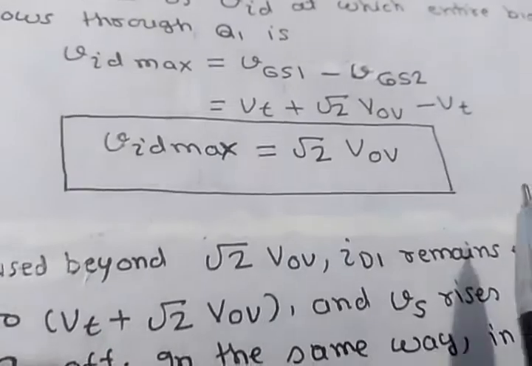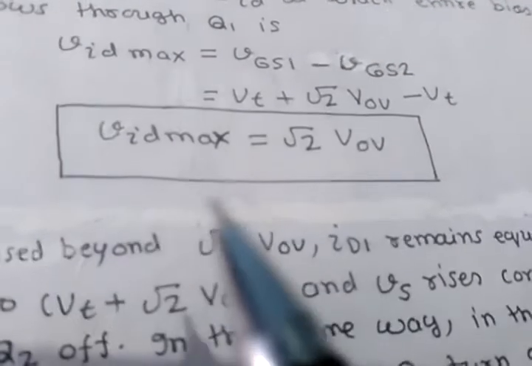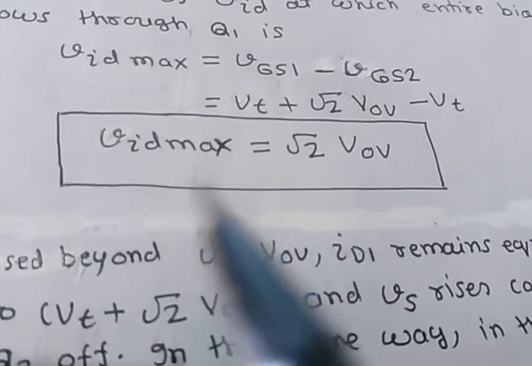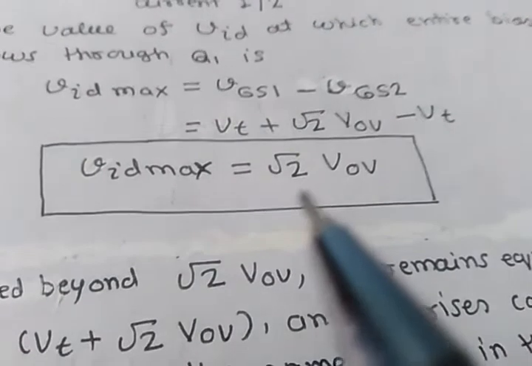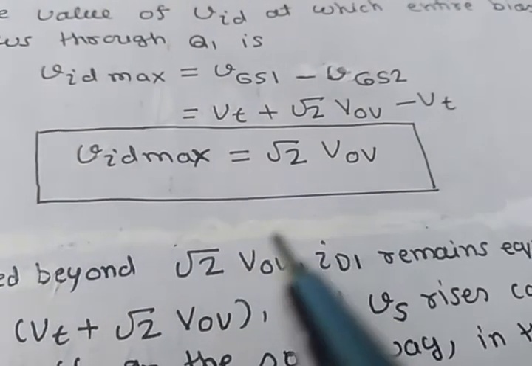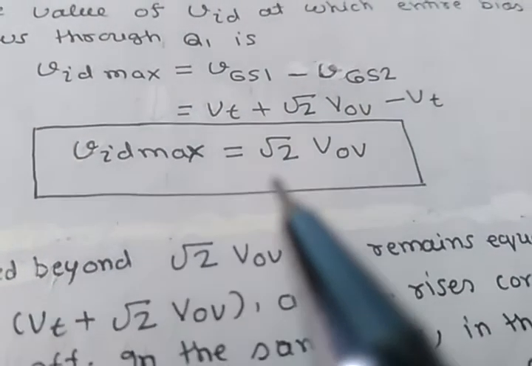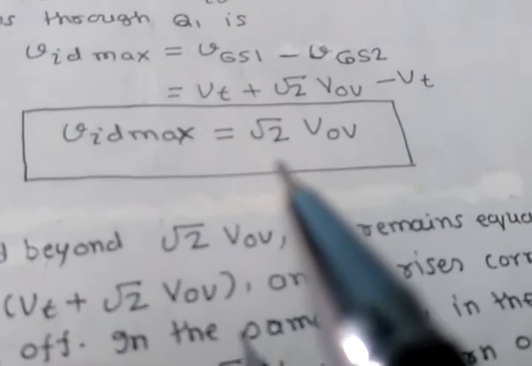Similarly, in the negative direction, the VID minimum is given by minus root 2 VOV. It means if the differential input voltage is less than minus root 2 VOV, in that case the entire bias current will flow through Q2 and Q1 will switch off.